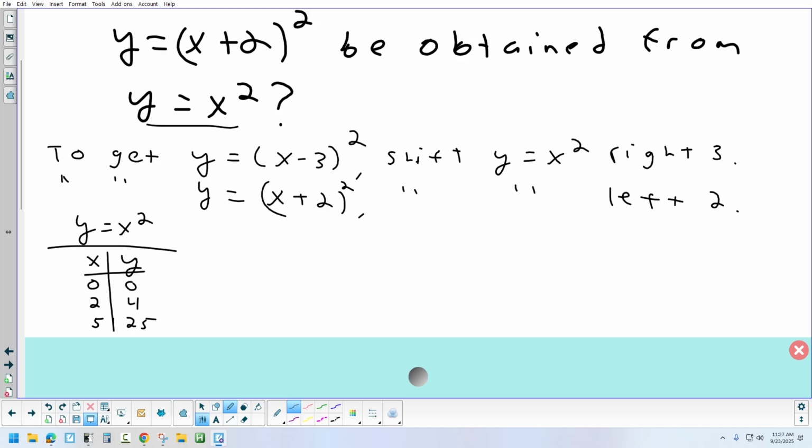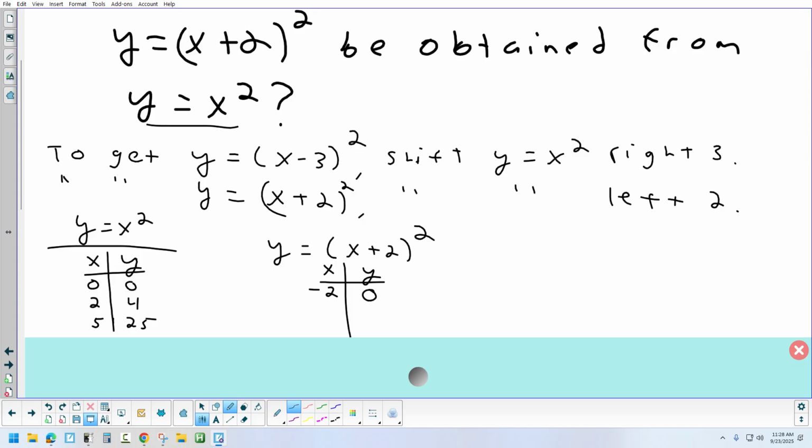Now let's look at the x plus 2. Okay. And I'm going to pick some similar points. Let's say I pick negative 2. What do you get when you plug in negative 2? You get 0.